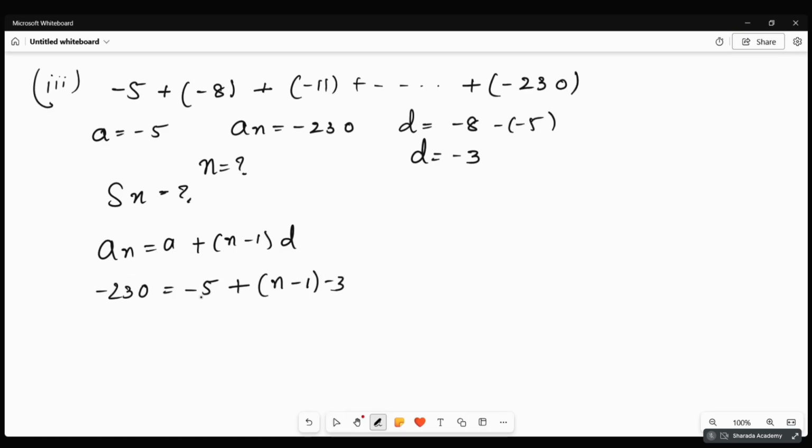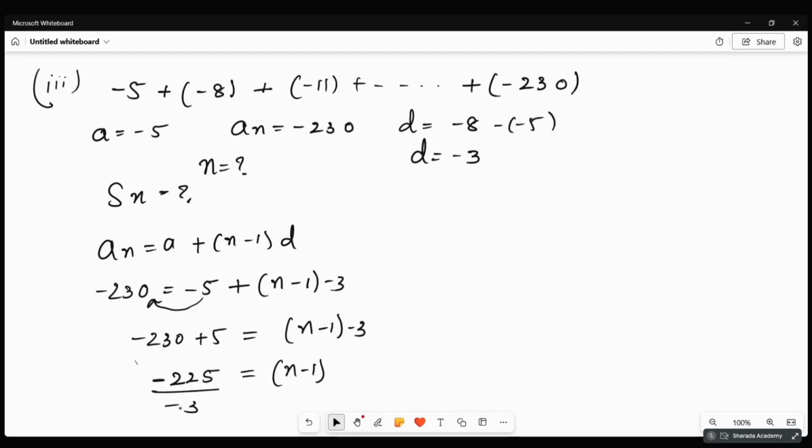Here minus 5, if I shift to the other side, minus 5 will become plus 5. So minus 230 plus 5 is equal to n minus 1 into minus 3. So how much you will get here? Minus 225, that is equal to n minus 1 into minus 3, divided by minus 3 again. Correct, no? Anywhere we have made a mistake? No mistake.